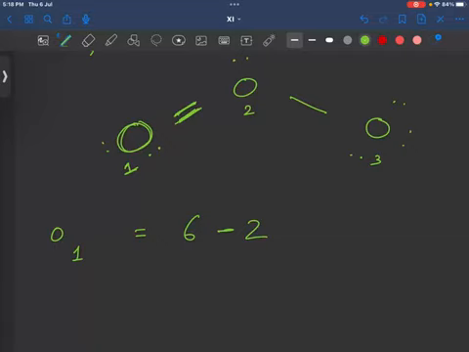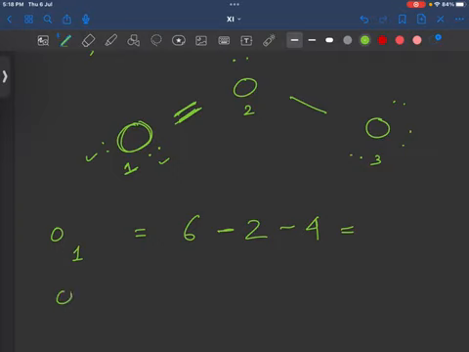How many electrons are present as lone pairs? 4, 2 here, 2 here. So what is the formal charge on the O1 atom? 0. It has no charge. The formal charge is 0.